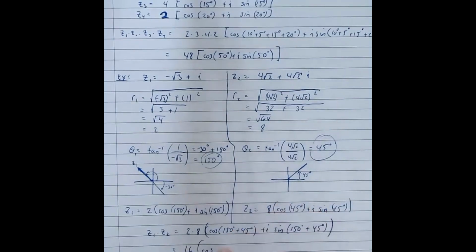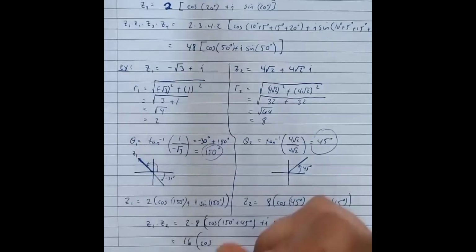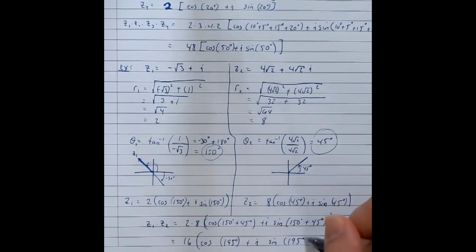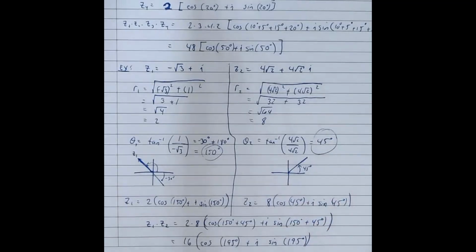Cosine of, if I add these, that's 195 degrees, plus I sine of 195 degrees. Just like that. And that does give us our result.